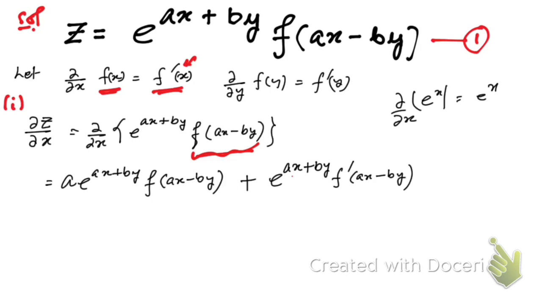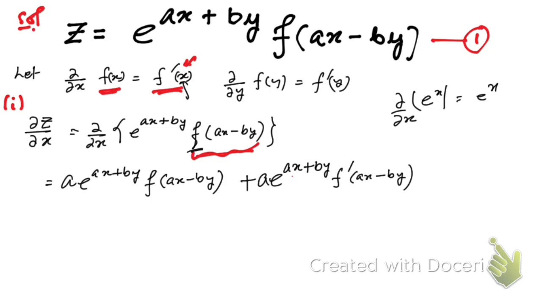But here this is a function of another function, ax minus by, so again we need to differentiate with respect to x. Differentiating ax minus by gives a, and the by term gives 0 because it is a function of y. So again we get a here. Let me write it here.